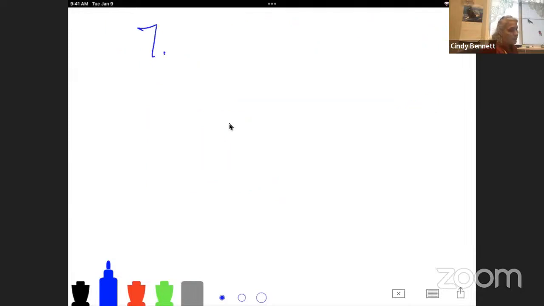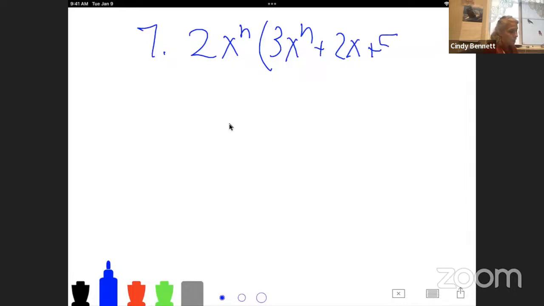Number 7, 2x to the n times 3x to the n plus 2x plus 5. Okay, so I have x to the n, I have x to the n, I have just a plain x. So this shows your knowing the concept of adding the exponents.